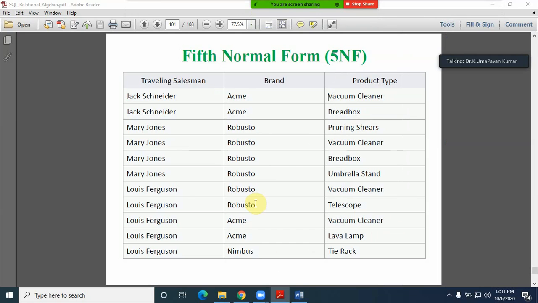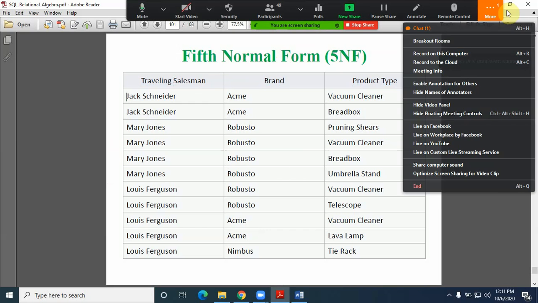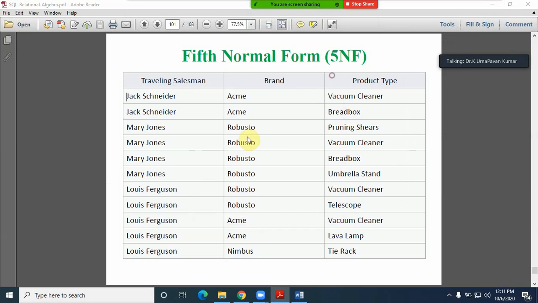So observe here. If you combine these three things, then it becomes the primary key, friends. Because up to now we have seen, if you observe this composite case, at the moment you are talking about this particular table, traveling salesman, brand and product type together becomes the primary key, not individually, not even two also.